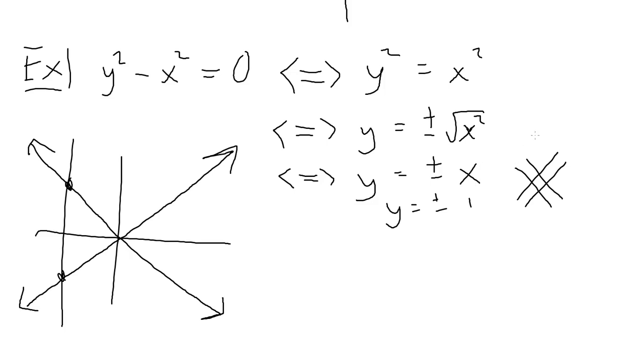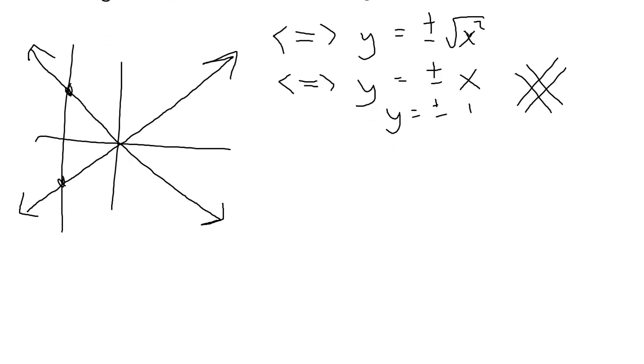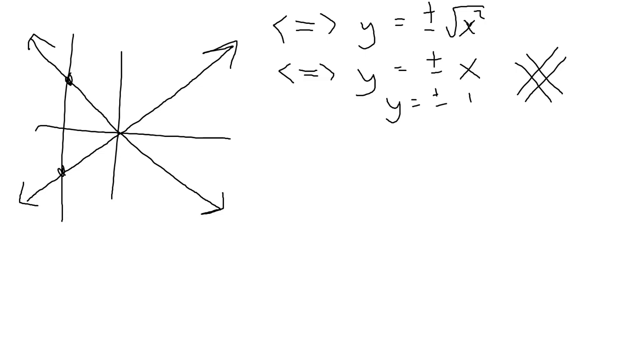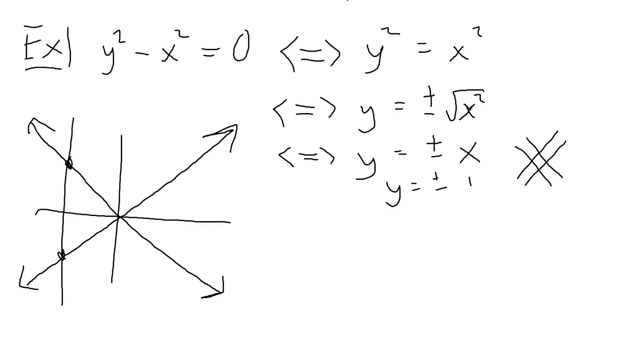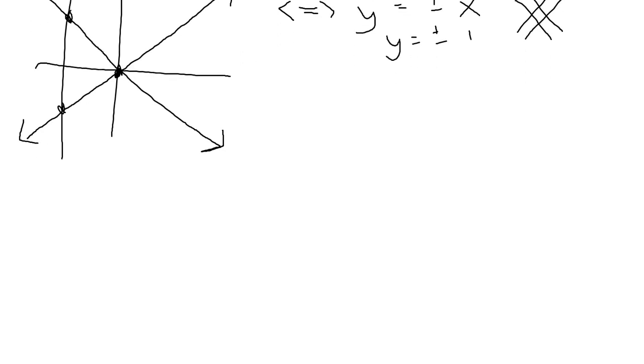So yeah, this is not a function. But we explicitly showed that by solving for y and being able to tell that it definitely has two distinct solutions for every x value except for x equals 0, in which case it has 1. But it doesn't matter, because as long as it doesn't pass the vertical line test with just 1 point, then it's not a function.